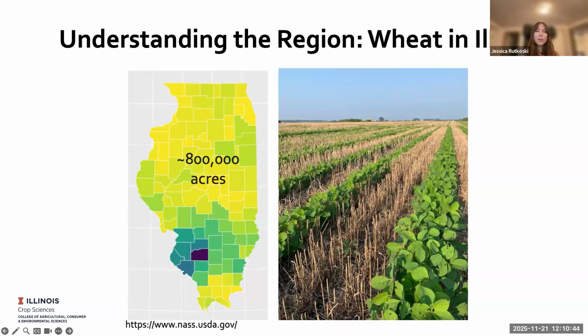Understanding that is important because you start to realize that fitting into the double crop system is really critical. If we can get the double crop system to work in more parts of the state, then we may be able to get wheat on more acres, and that can help us improve the sustainability of crop production in our region.